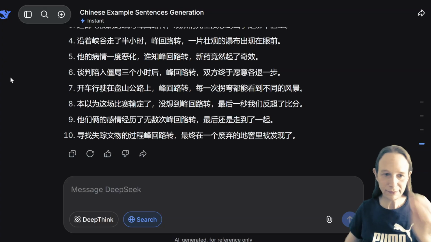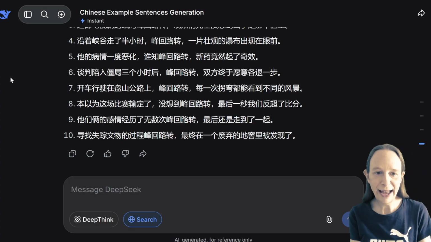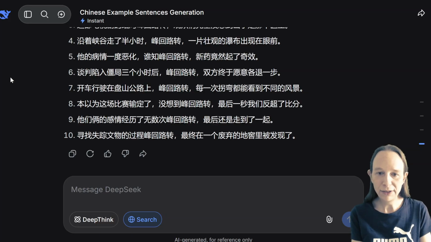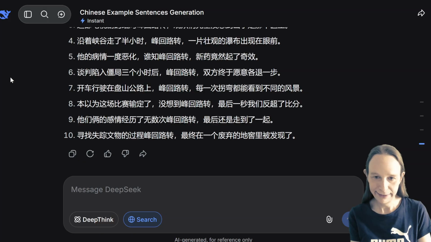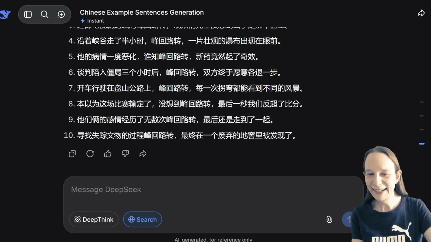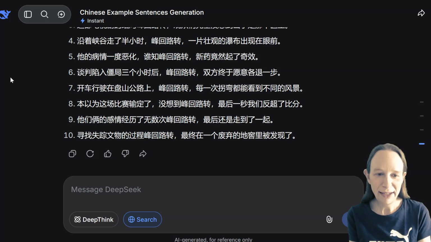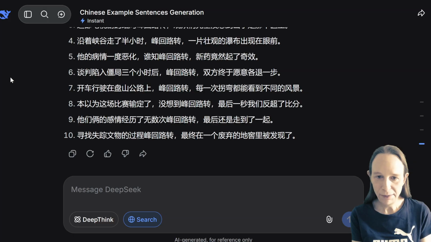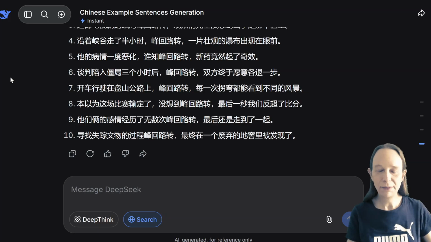All right. 开车行驶在盘山公路上，峰回路转，每一次拐弯都能看到不同的风景。All right. So it's kind of mixing together the metaphor with reality here, right? 本以为这场比赛输定了，没想到峰回路转，最后一秒，我们反超了比分.